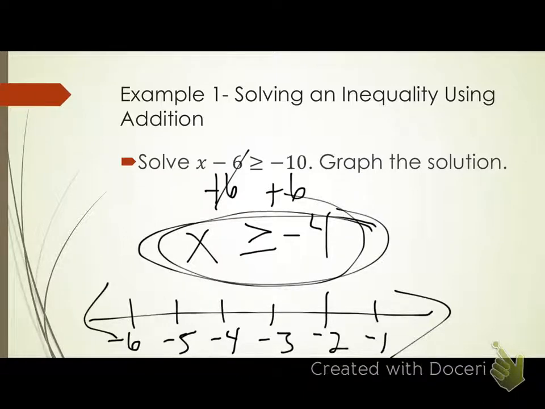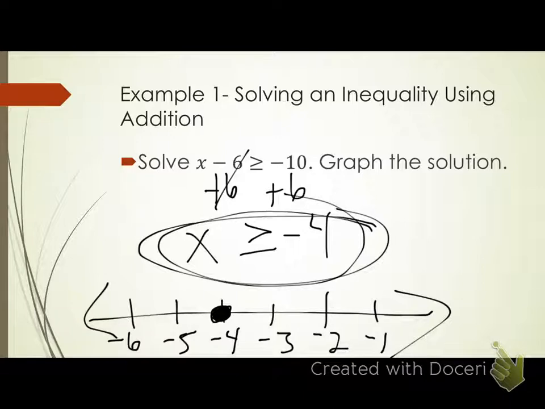Where's my point on my number line going to go? -4. It's going to go wherever the number that I have is. Is it going to be an open or closed dot? Closed. Why is it closed? It's got a line under it. It's equal to. So that means -4 is a part of my solution, correct? So I have a closed dot on -4.